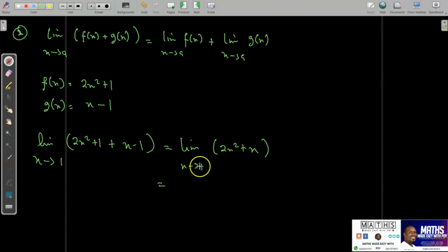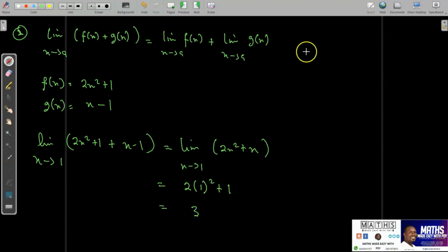For this, we can go directly and substitute because we don't have any undefined solution. Do you agree? Yes, please. So that's going to be 2 multiplying 1 all squared plus 1. Final answer is what? 3. That is 3. Thank you.